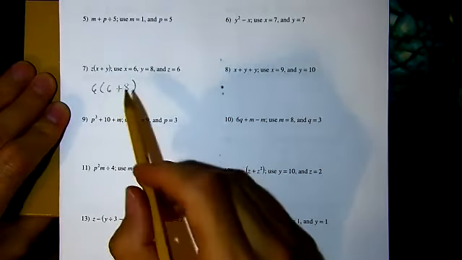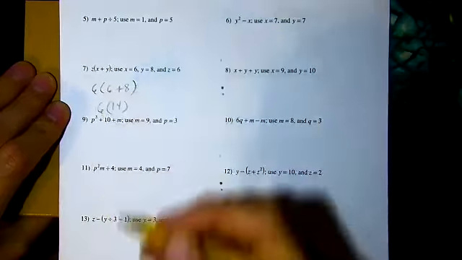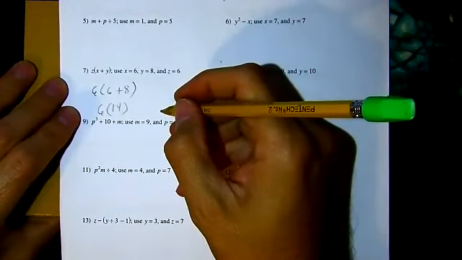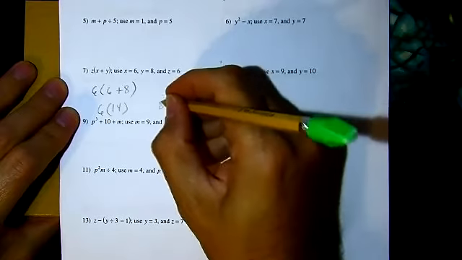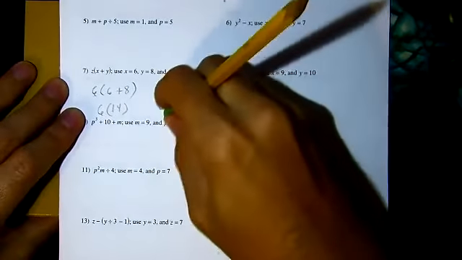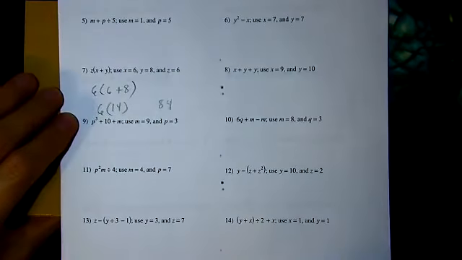Parentheses first. 6 plus 8 is 14 times 6. And I know you'll have to work that out to the side, but it is 88, I think. Oh, I misspoke. Always double check your answer. 84.